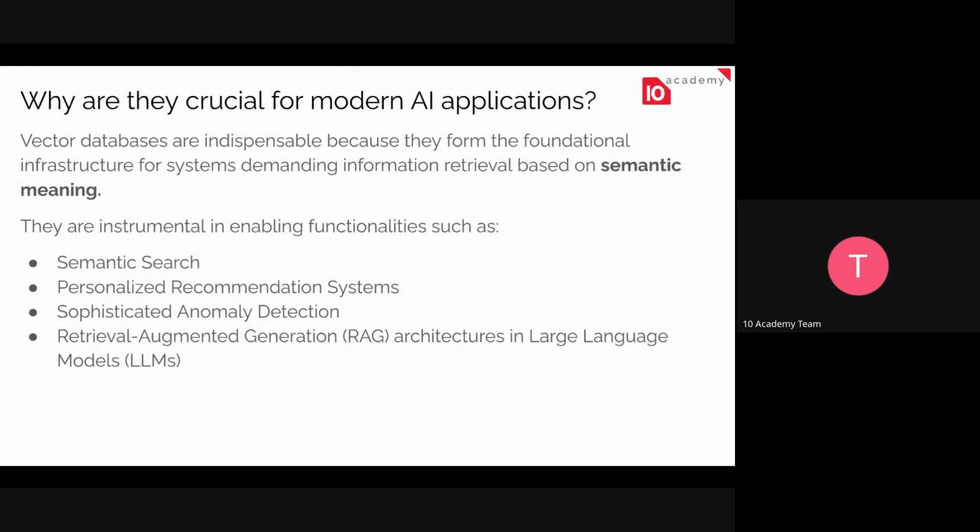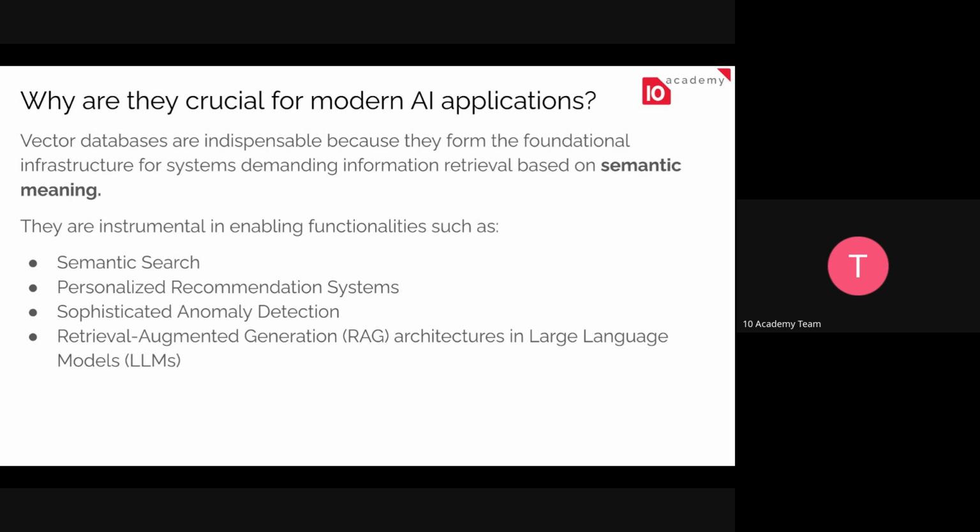So why are they crucial for modern AI applications? As we have talked about earlier, they form the foundational infrastructure for a system demanding information retrieval based on semantic meaning. If you are working with exact word match or keyword match, you don't really need this. You just need to query it and find the exact word match.